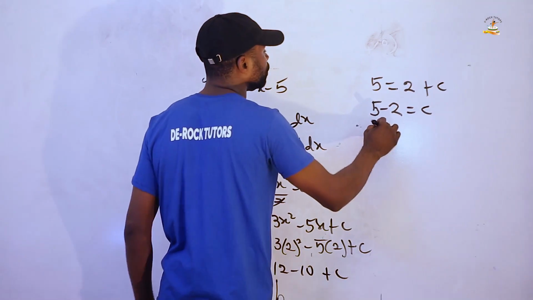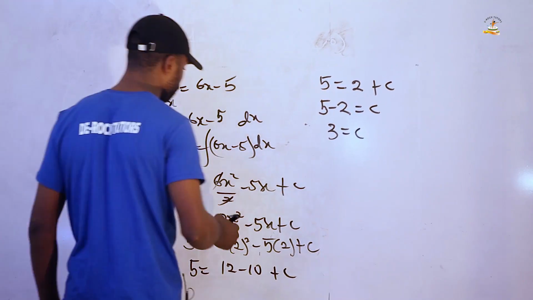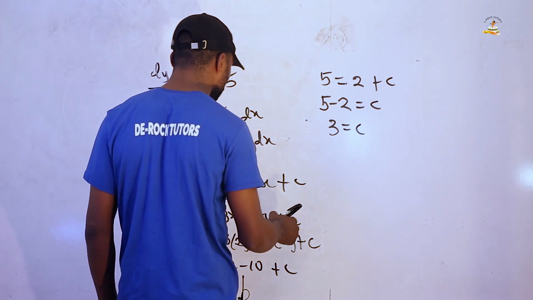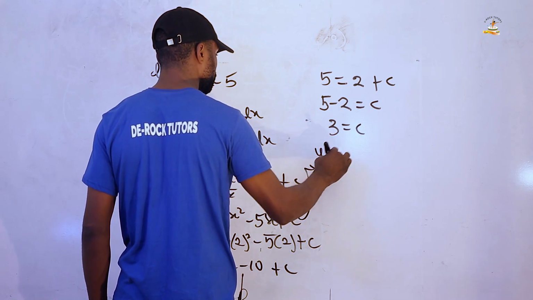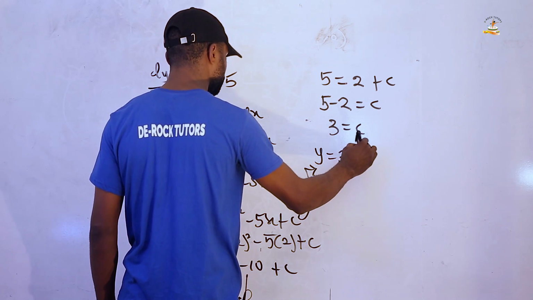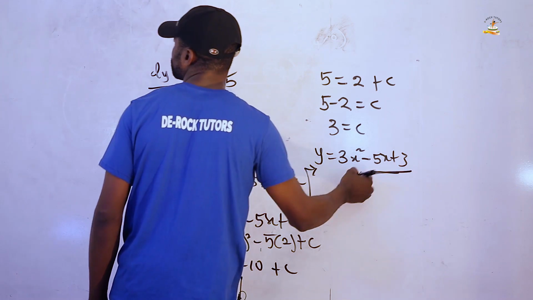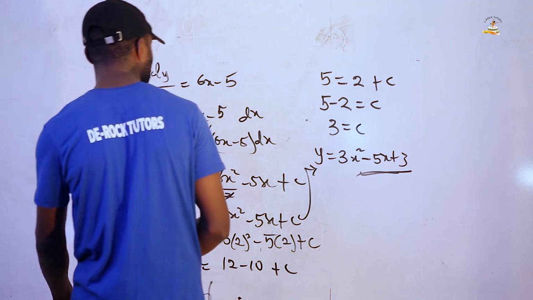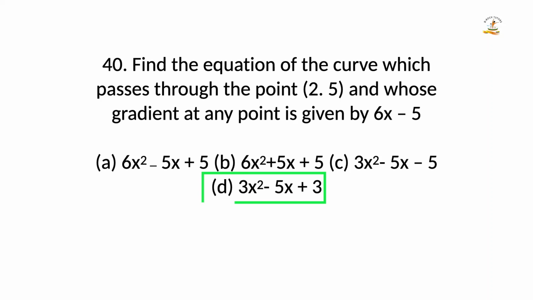Then we have 3 equal to c. Therefore, the equation of the curve will now be y equal to 3x squared minus 5x plus 3. So the correct option is D.